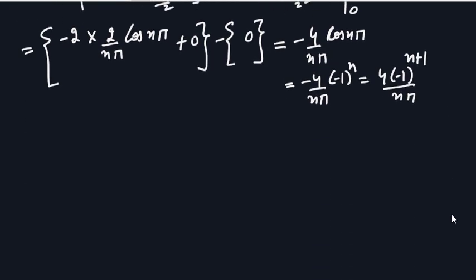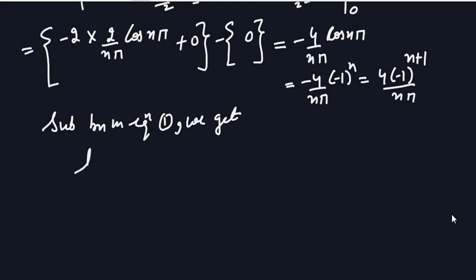Substituting Bn in equation number 1, we get f of x is equal to summation 1 to infinity. Bn is 4. I can keep 4 by pi outside the summation.